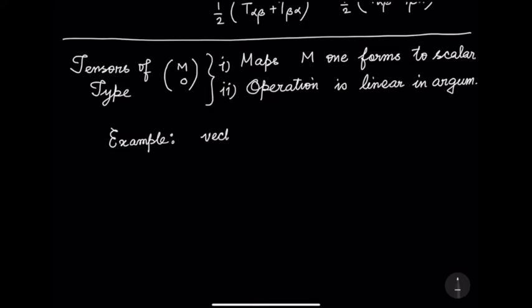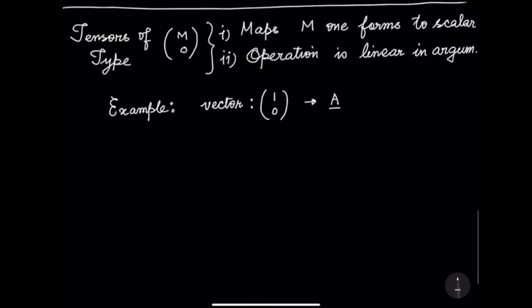The vector is m equals 1, so 1, 0, like A. That is how we wrote a vector. And the operation, we'll just write the opposite way we wrote for the one form operations. It will take a one form in it and it will give me a scalar.